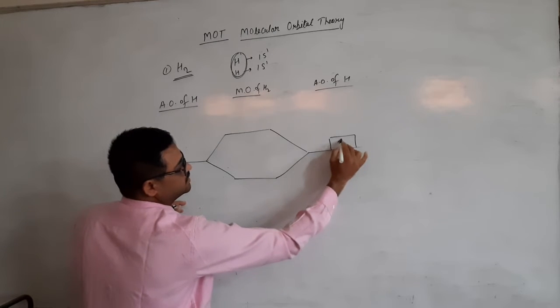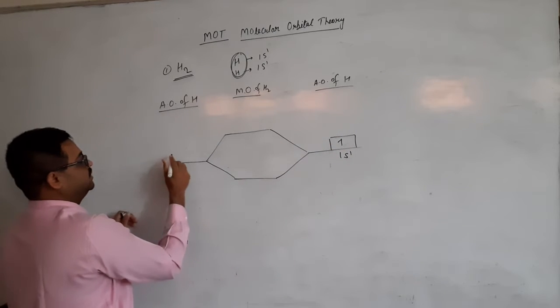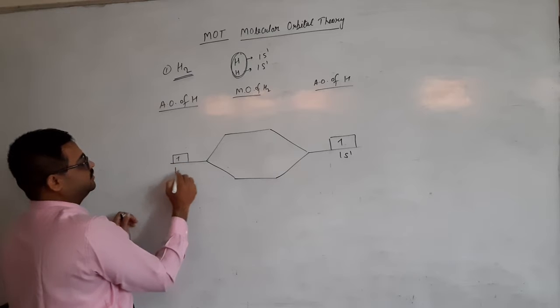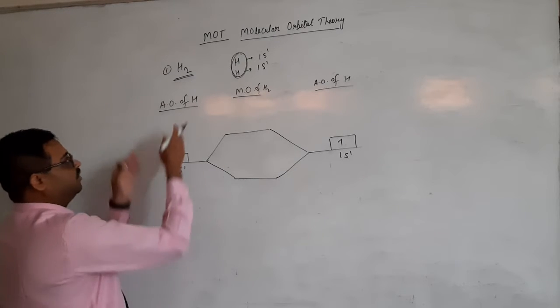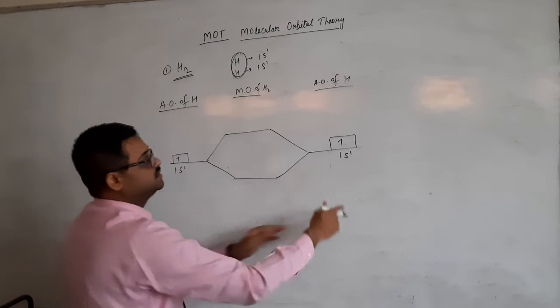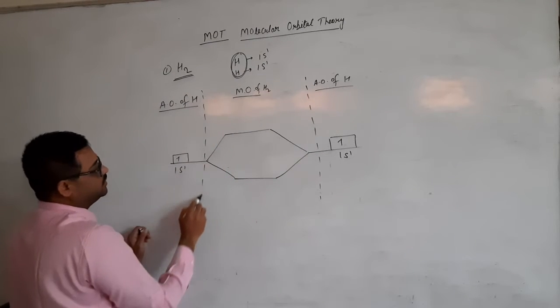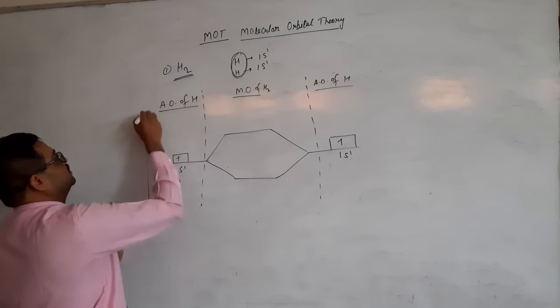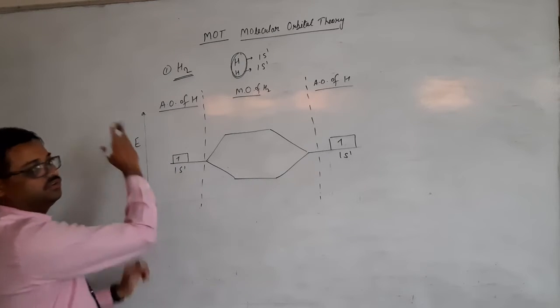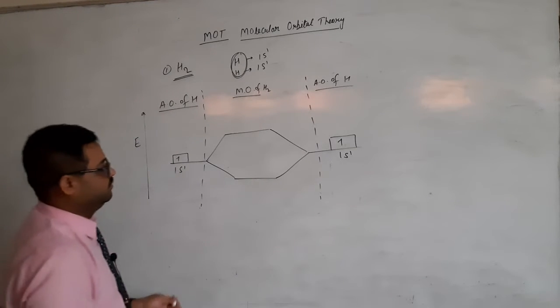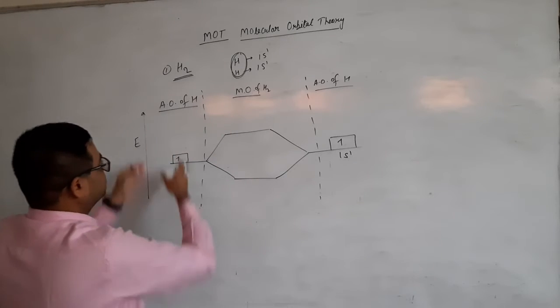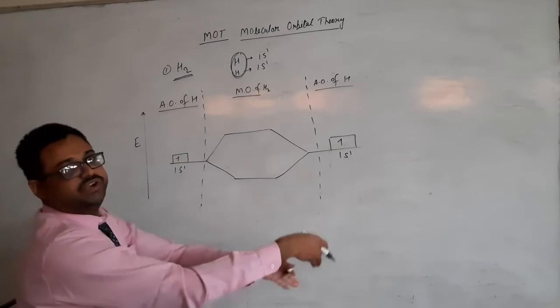So I will represent this electron this way, and this electron this way. Clear? We can study atomic orbitals and molecular orbitals in this way. This is the increasing order of energy, so we will study it from downward to upward direction.